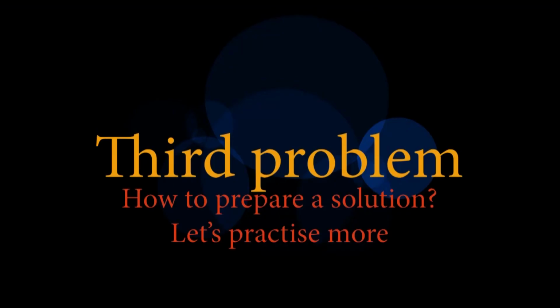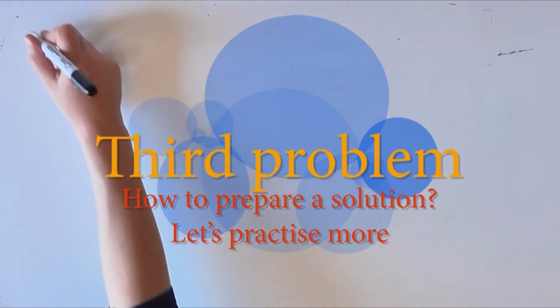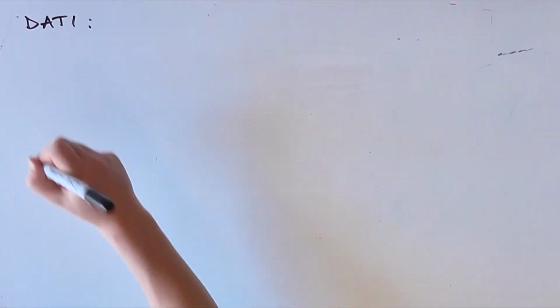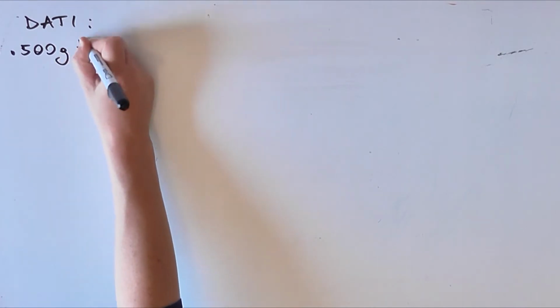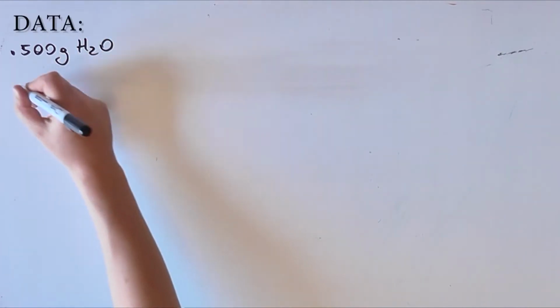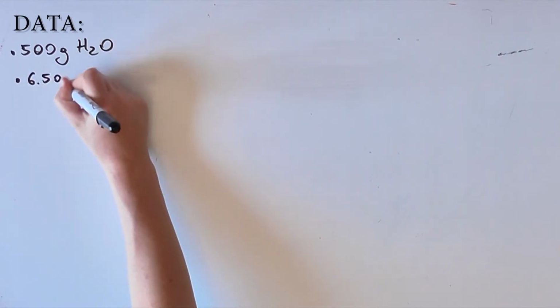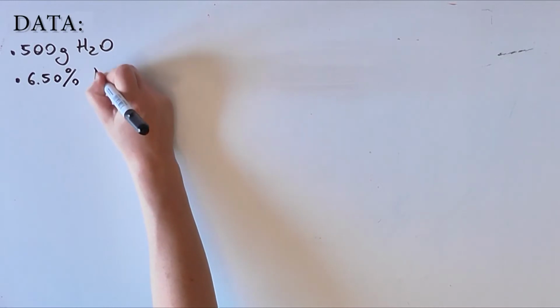Let's see now the third problem. This one is a little more complicated, but it deals again with the issue about how to prepare a solution. Let's write down the data. We have 500 grams of water, and they want to prepare a solution which is 6.5% by mass of NaOH, which is sodium hydroxide.